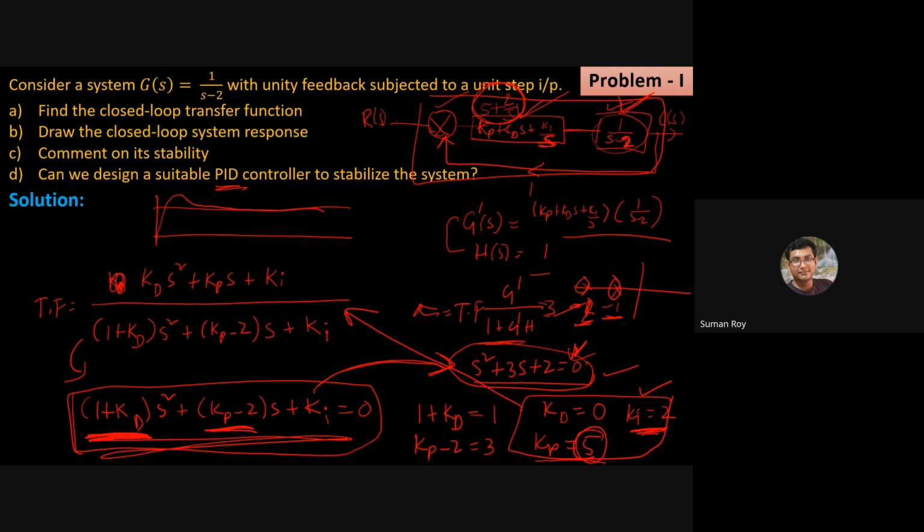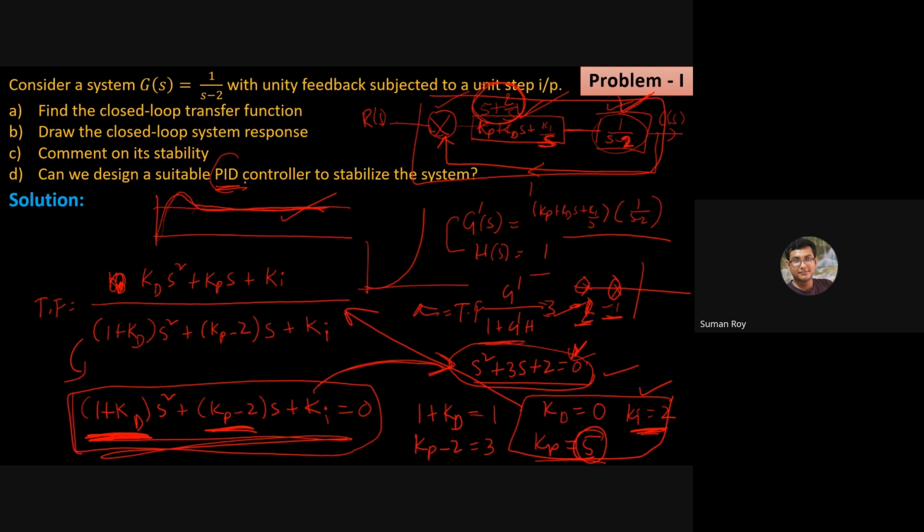If you take this transfer function, then you will see this will be the output. Initially the output was unbounded, but this is the modified output, which is a very stable output.